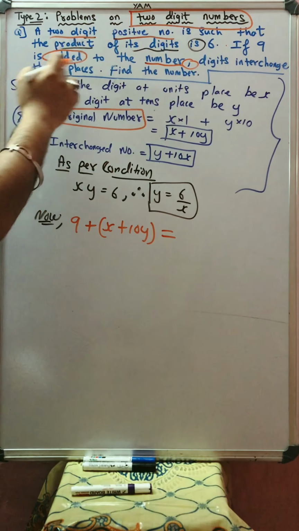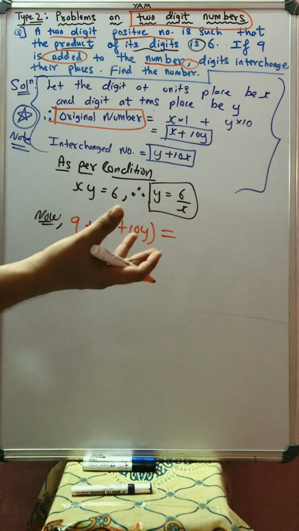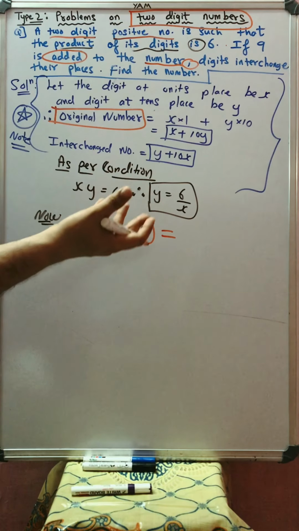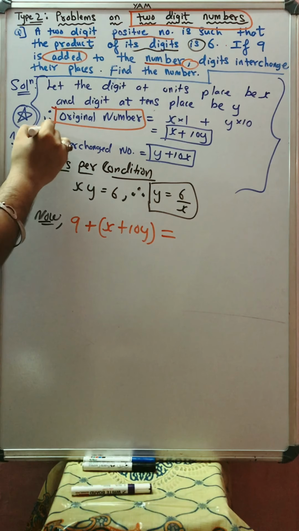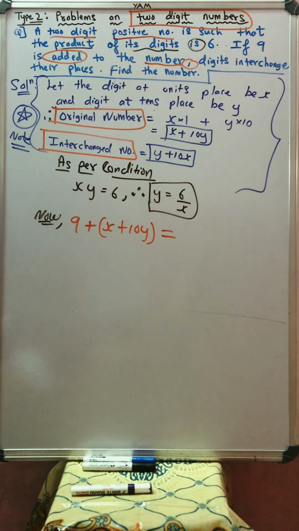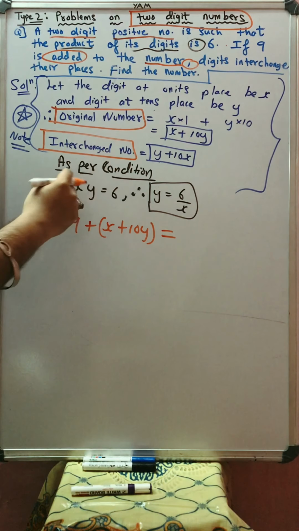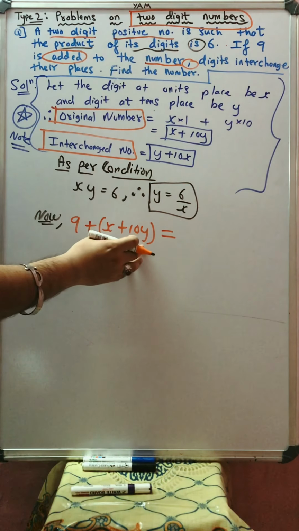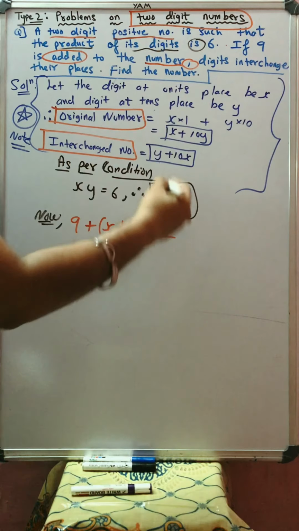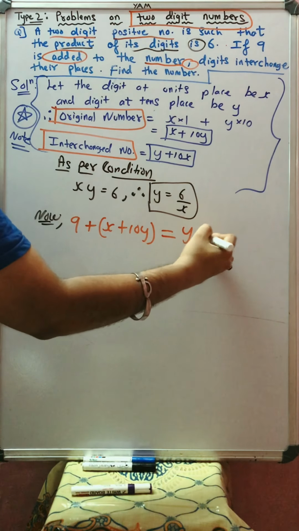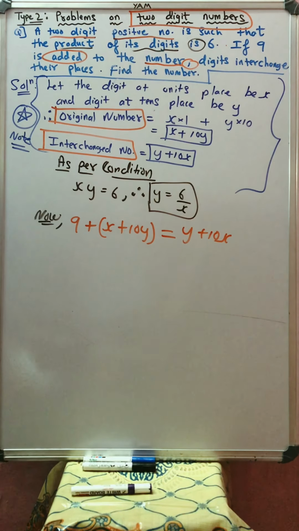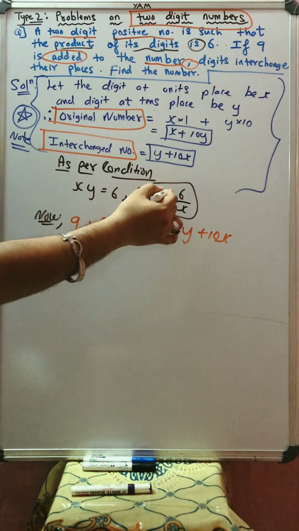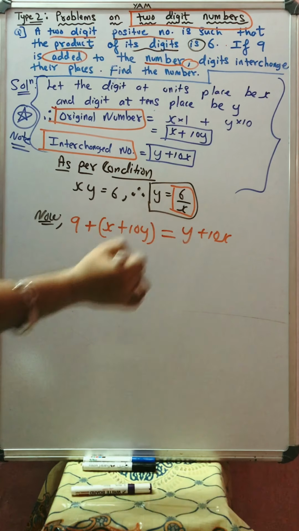Digits interchange their places. Digits interchange their places means they are talking about the interchange number. So what happens when 9 is added to the original number? We get the interchange number, which is, what is it? Y plus 10x.